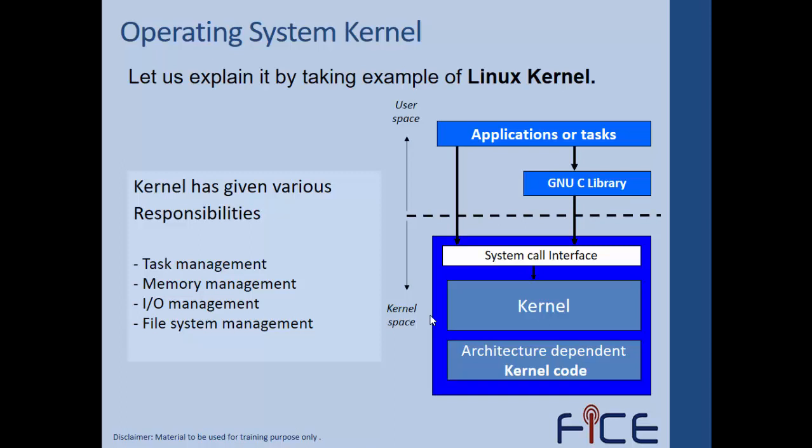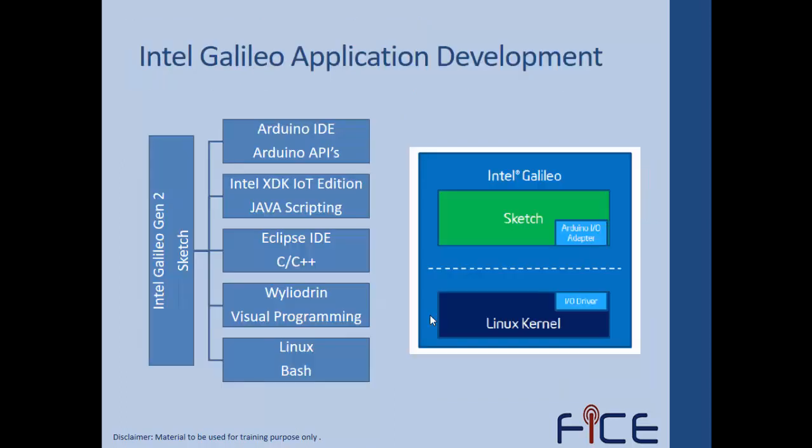Then machine language goes to the system call interface of Linux, which goes to the kernel and requests the respective services. After the kernel, it goes to the architecture-dependent kernel code. The kernel is given various responsibilities like task management, memory management, input output management, and file system management.